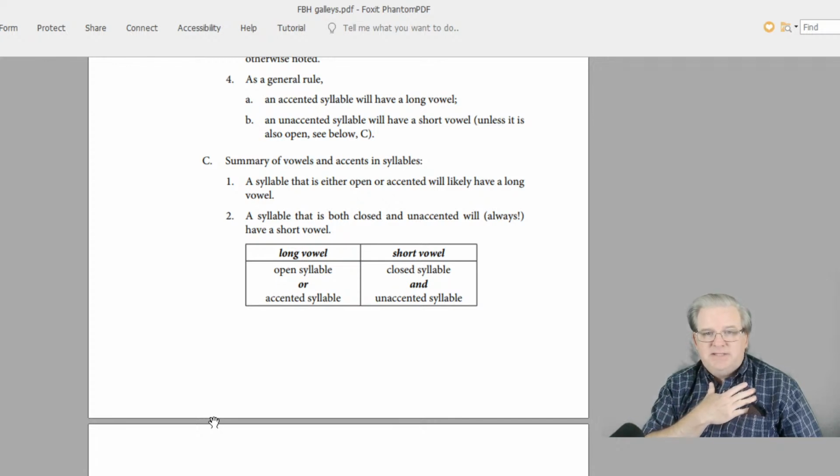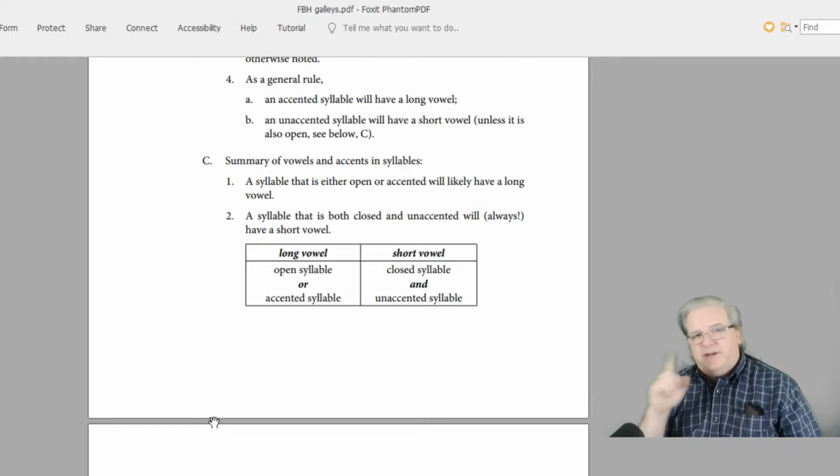An unaccented syllable will have a short vowel, unless it is always open. Now remember how I said earlier, Hebrew kind of likes to work with an if-not logic. If this is not the condition, then skip to this. That's how it likes to work.